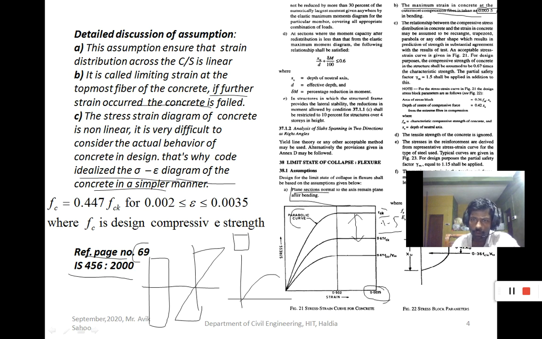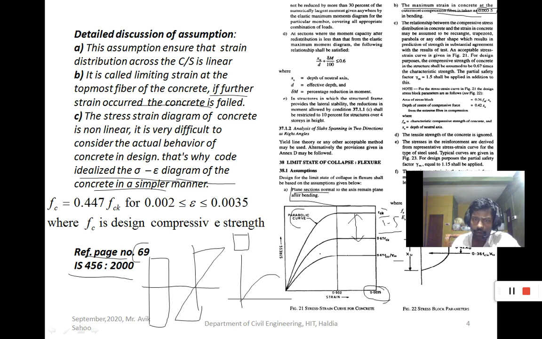So 1 by 1.5 is how much? 0.67. So from 0.67, again the factor of safety for material is used. So 0.67 fck divided by gamma m. The factor of safety for material is how much? 1.5. So we get the design stress strain diagram.